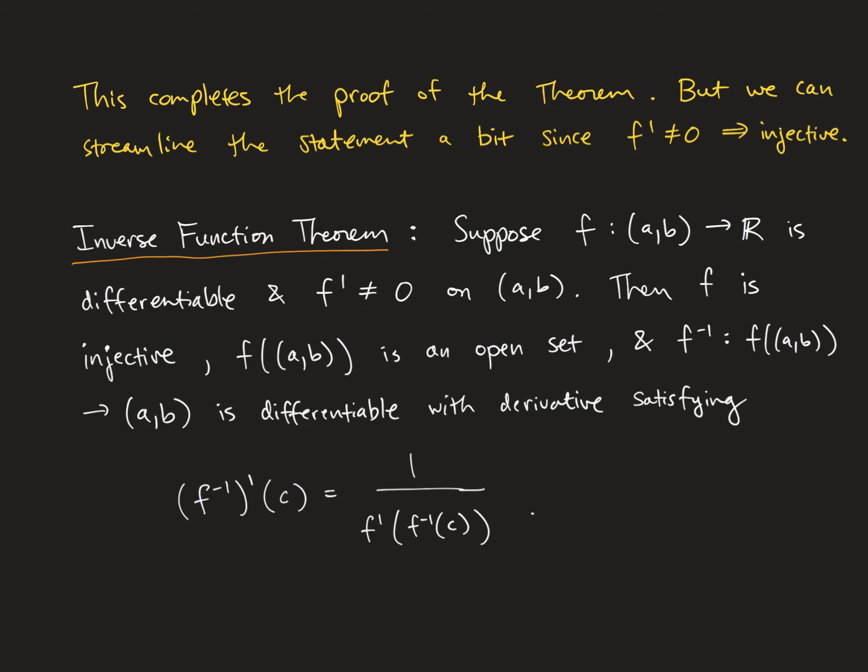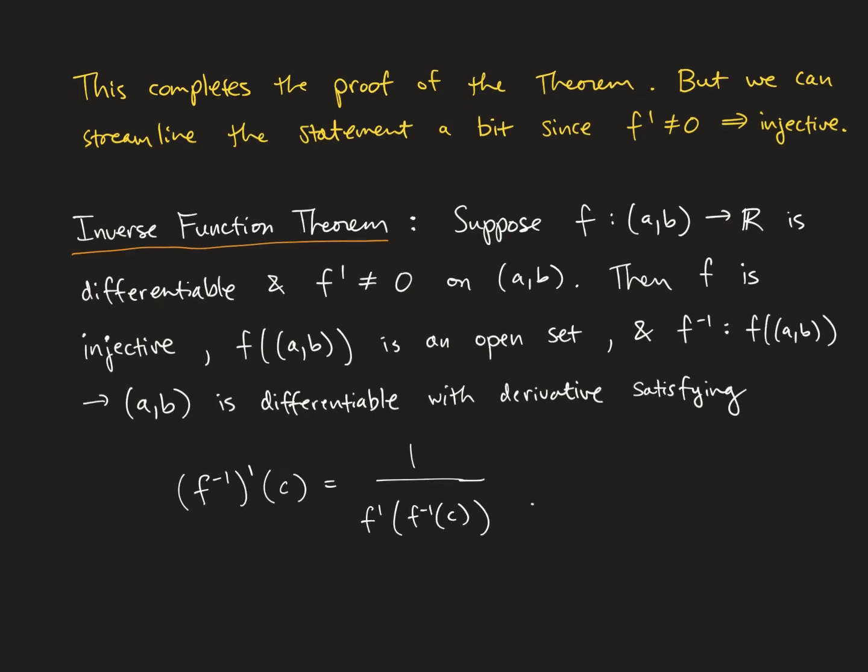It just follows from the fact that f prime is not equal to 0. So our function is automatically injective then by the mean value theorem argument that I outlined. And then the image is an open set, and our inverse function is differentiable on that open set with derivative satisfying the formula that we discussed.